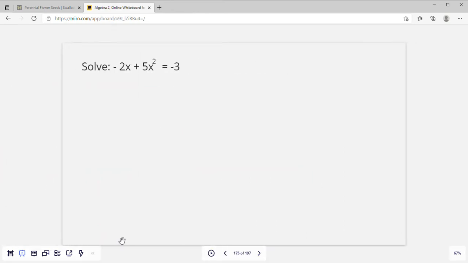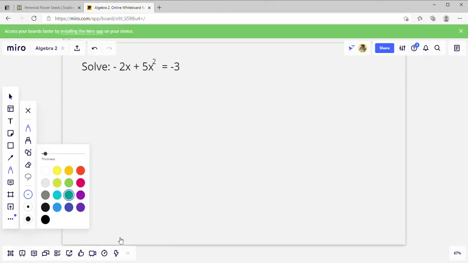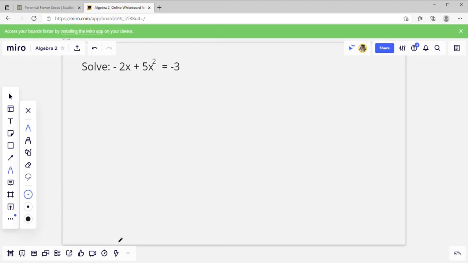All right, let's try another one. First I am going to rearrange. So I've got 5x squared minus 2x equals negative 3. Now I'm going to divide everything by 5. I get x squared minus 2/5 x equals negative 3/5.